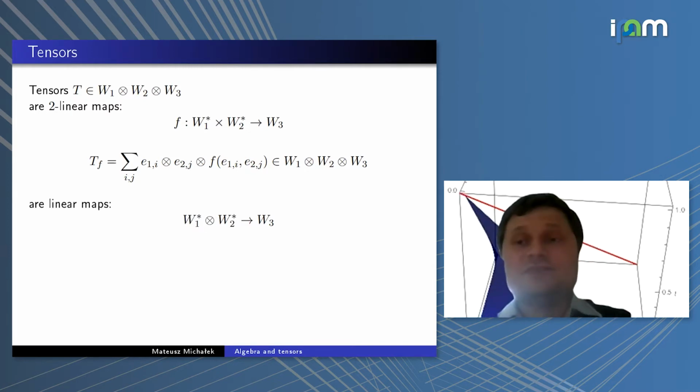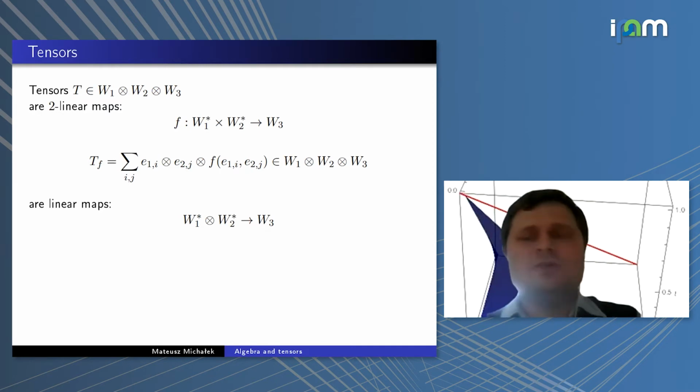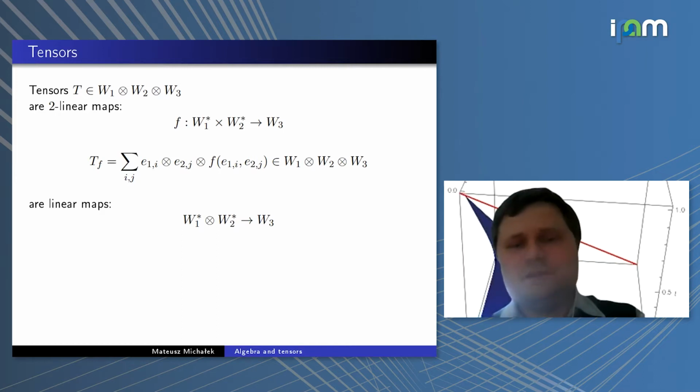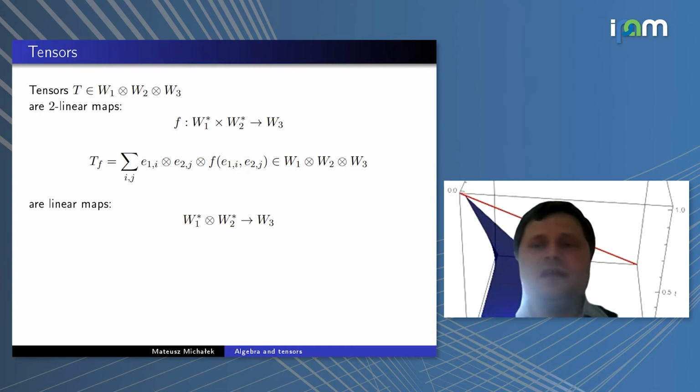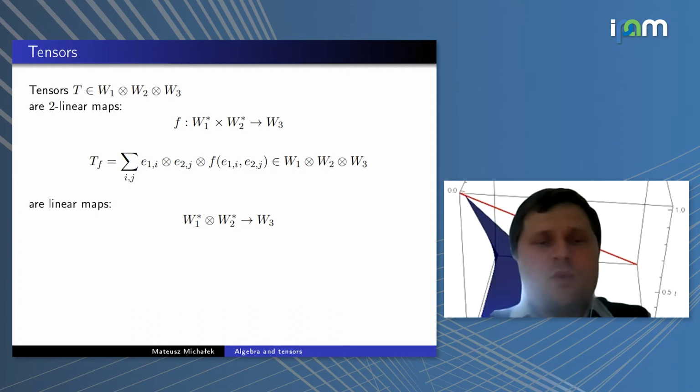Just to say that the tensor is a linear map from a double tensor product to a vector space. Okay, so above I have a bilinear map from a Cartesian product, below I have a linear map from the tensor product. And if you accept this, well, you can also look at the dual of it.